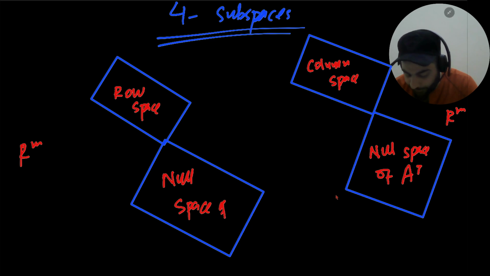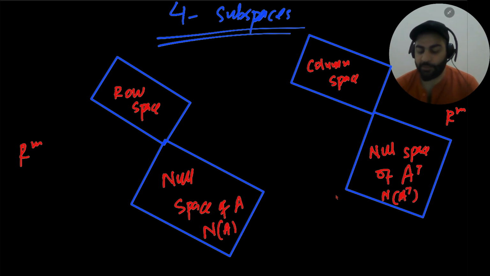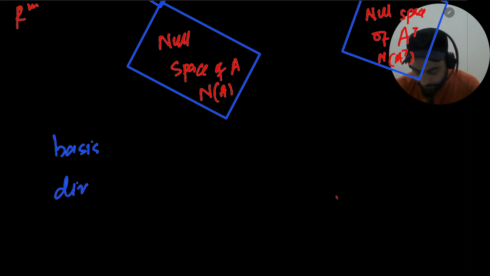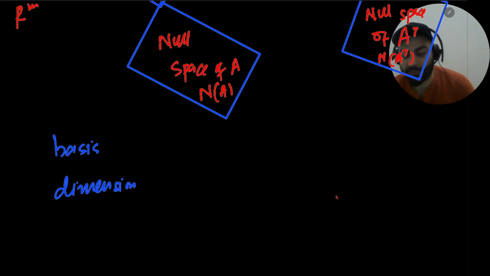Here is null space of A, N of A. This is N of A transpose. Now let's see. We'll compute the bases and dimensions. That's what we are trying to formulate.